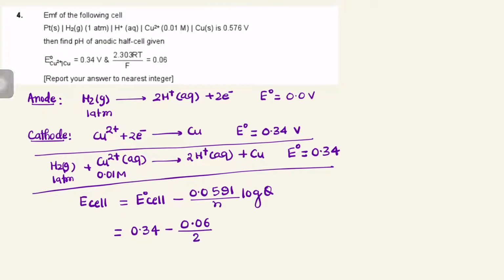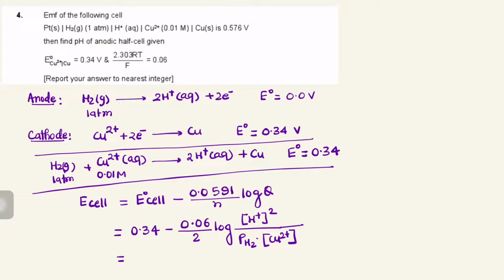N value is 2 because 2 electrons are involved. Log of concentration of the product, that is H plus concentration to the whole square, by concentration of the reactants, that is partial pressure of H2 into concentration of copper 2 plus. So that is the Q expression in this case. Now further we'll solve it.